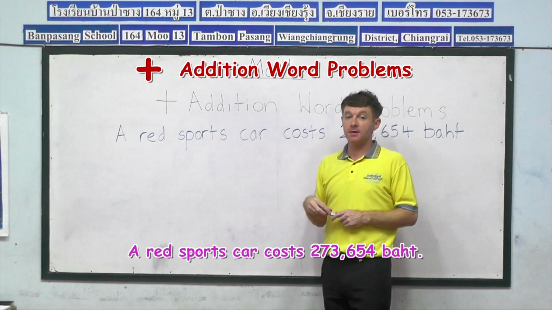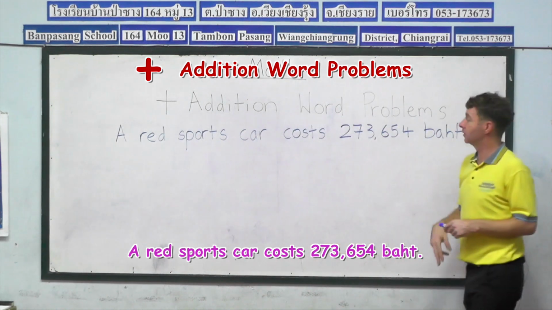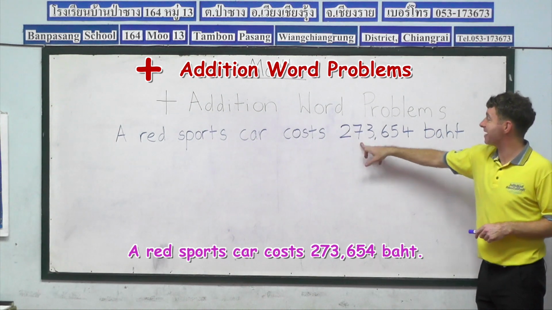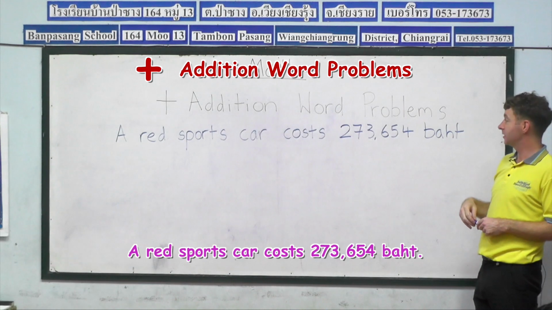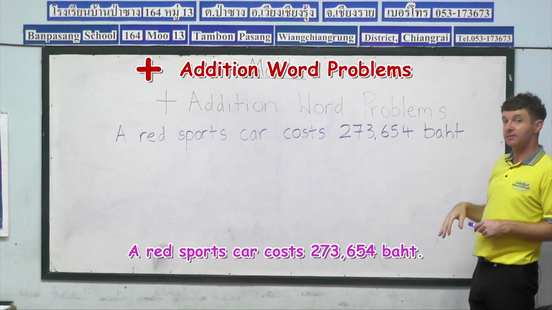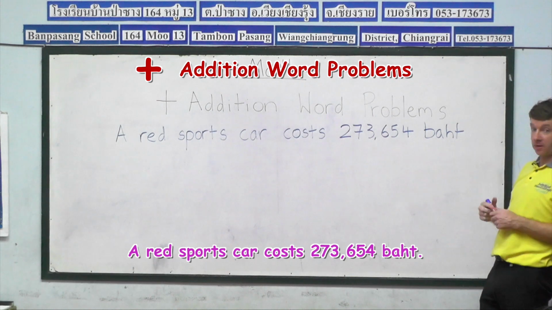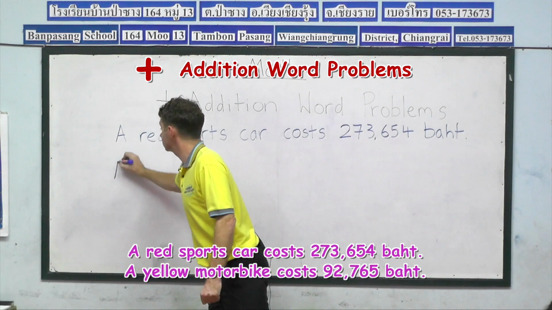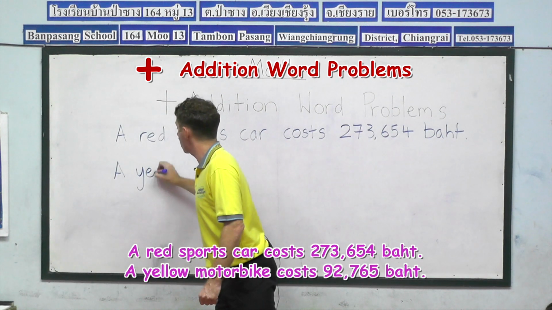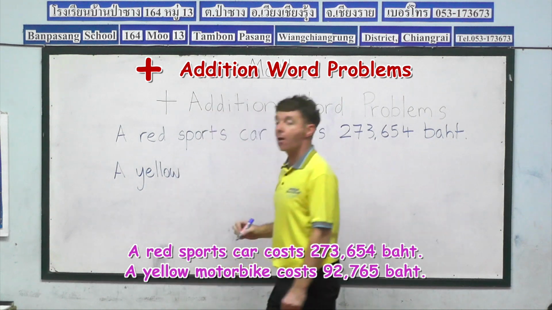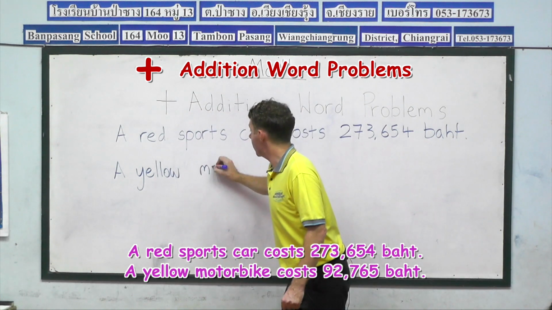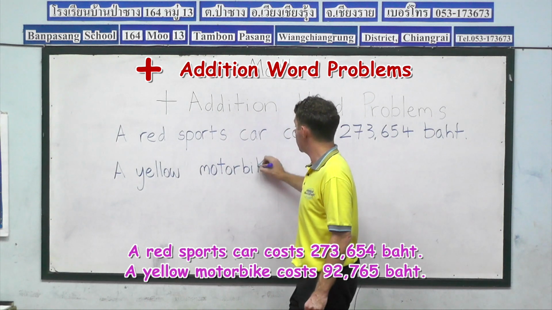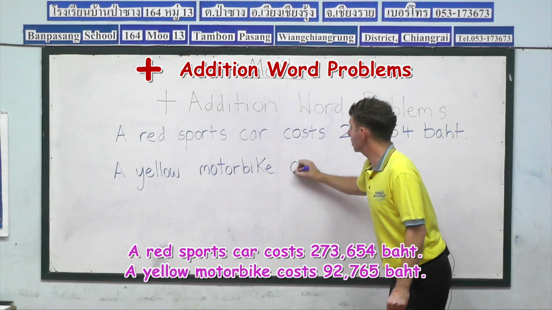A red sports car costs 273,654 baht. And then we have to look at the next calculation, which will be a yellow motorbike, M-O-T-O-R-B-I-K-E, costs.